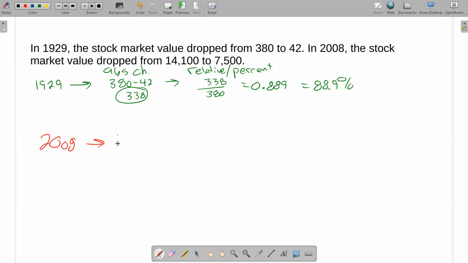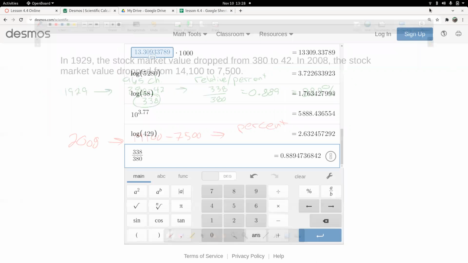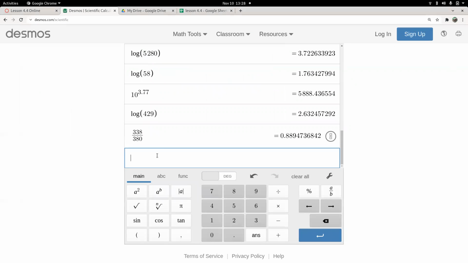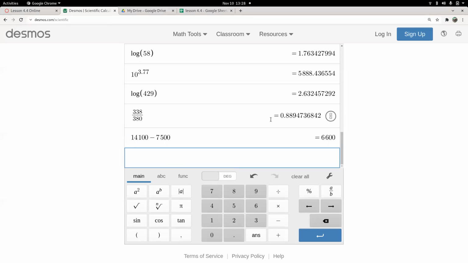In 2008, the change is from 14,100 down to 7,500. I want to know what that difference is, and then I want to find that as a percent relative change. 14,100 minus 7,500 gives me a drop of $6,600.